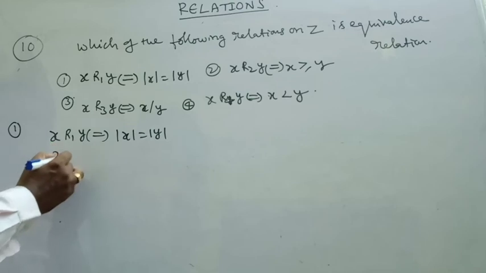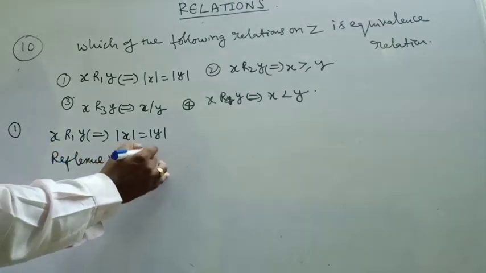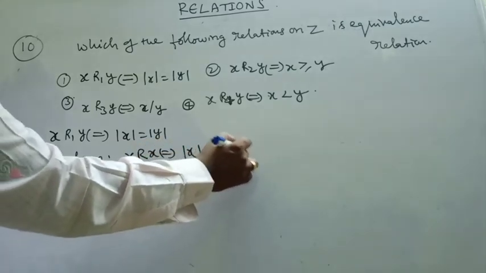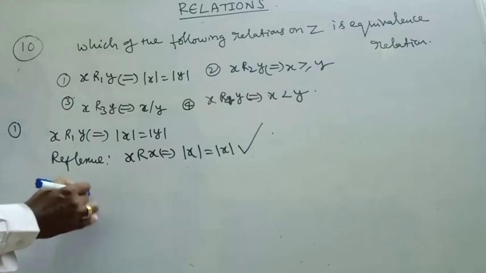First one, reflexive. Reflexive means X should be related to X. That means we will have mod X is equal to mod X. That is true. Therefore it satisfies reflexive. Next, let us check symmetric.